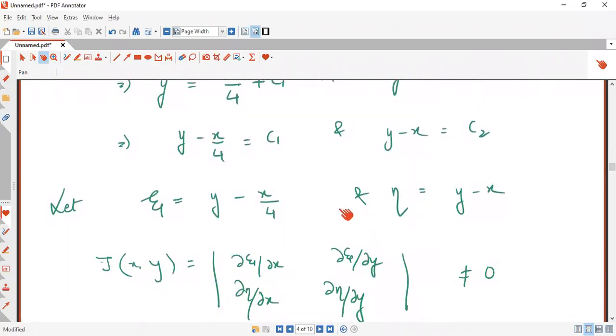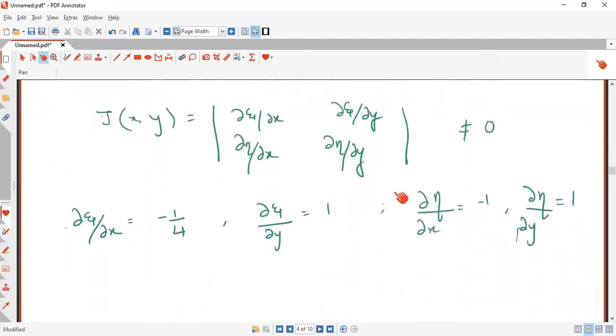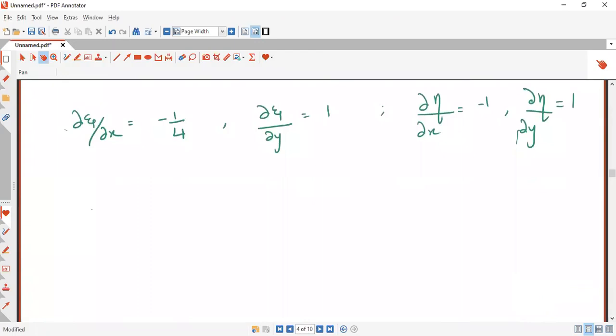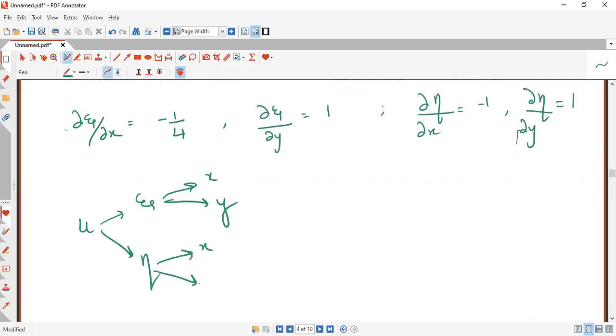Now I know that u will be a function of xi and eta. Correct? I'm doing it in terms of x and y, which are in terms of this xi and eta, and this u will be in terms of xi and eta. Why am I doing this?